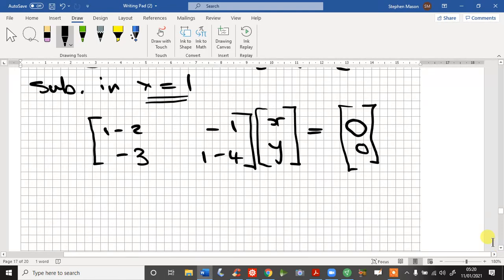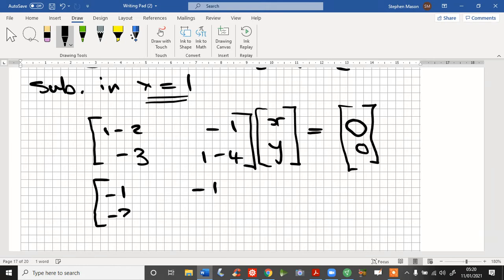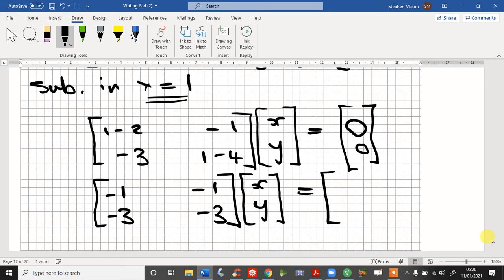So if we simplify this matrix, we've got 1 minus 2, which is minus 1, and we've got minus 1 here, minus 3 here, and minus 3 here, all multiplied by the column vector x, y, equal to 0 and 0.